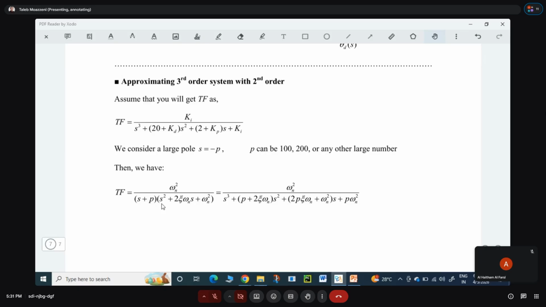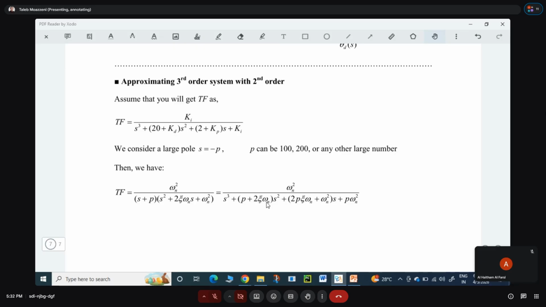Since the classical standard one is second order, we add another pole to make it third order. Okay. So if you multiply this first order and second order, it becomes third order. This third order will be equal to the one that you found before. Now here, P is something that you choose, optional, for example, 100.